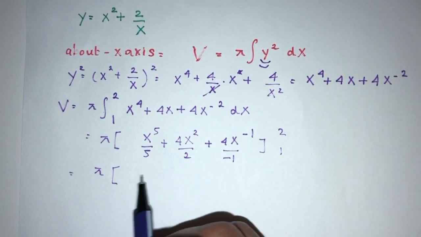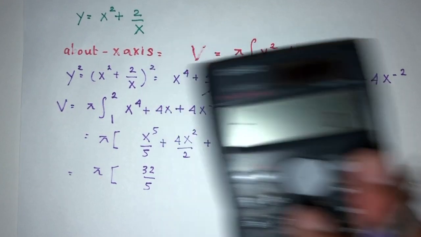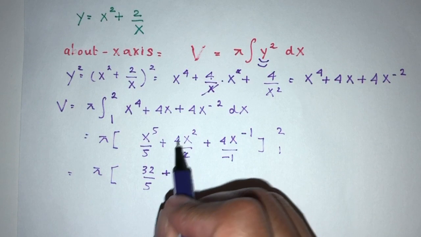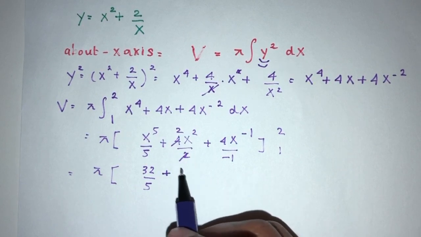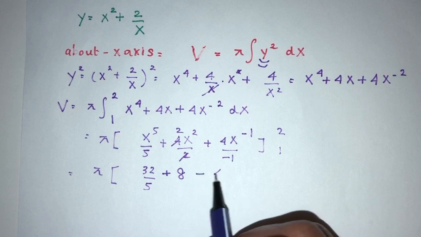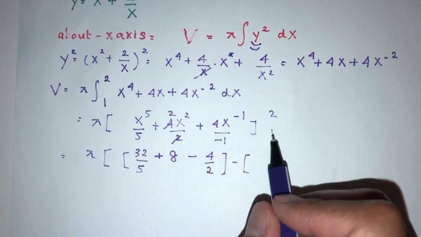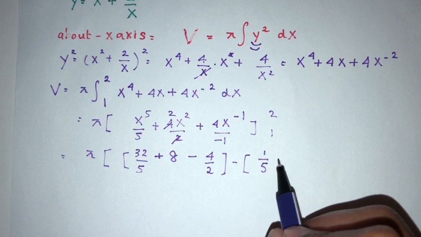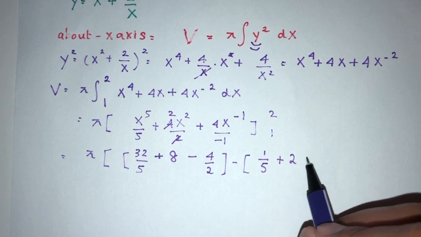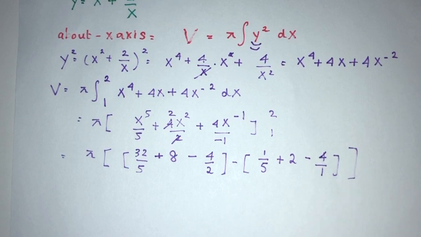So first replace 2, you will have 32 over 5. Let's see. 2 power 5 is 32, yeah. And then this will be obviously 2x squared. So 2 times 4 is 8. Here we have minus 4 over x, so minus 4 over 2. That's the first part, and then minus when x equals 1, that should be 1 over 5 plus 2 minus 4. So let's see what we have.